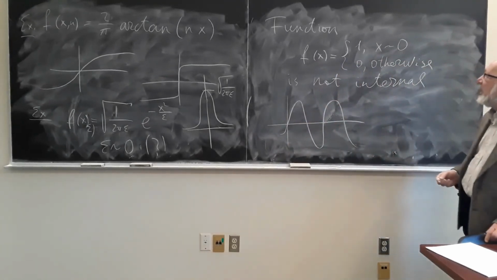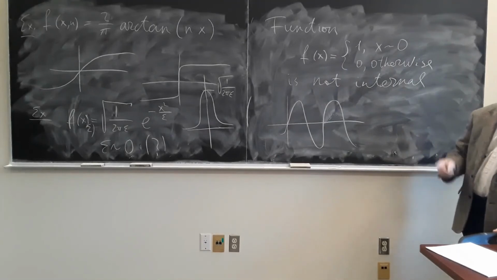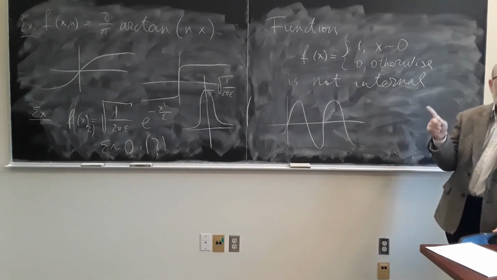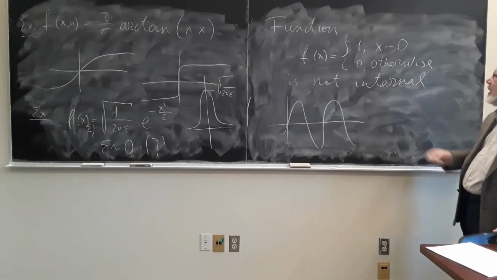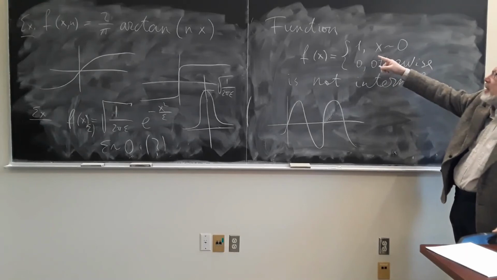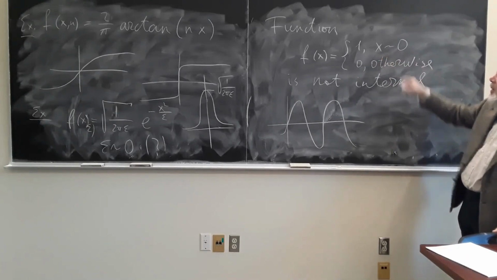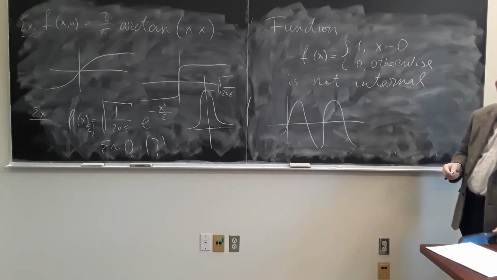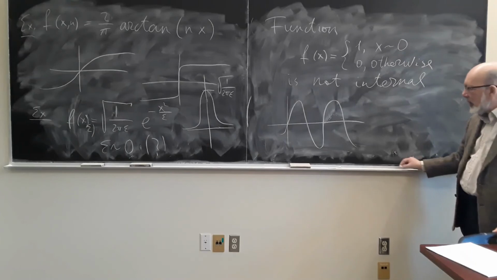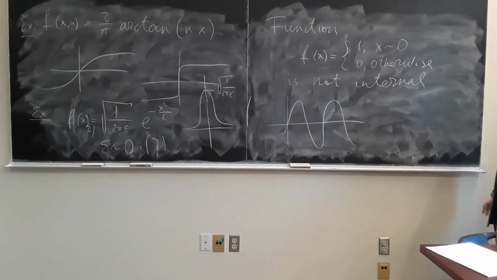Simply, if it were internal, then the level set of an internal function is an internal set. And for this function, the level set where f is 1 is the set of infinitesimal numbers. And this set we know is not internal. So this is an example of an external function.